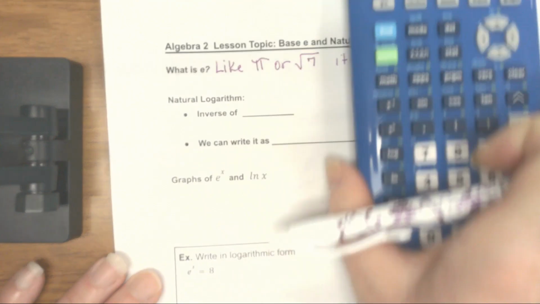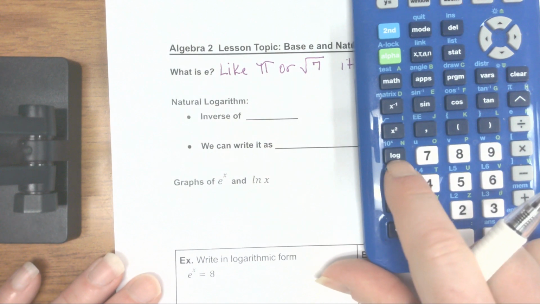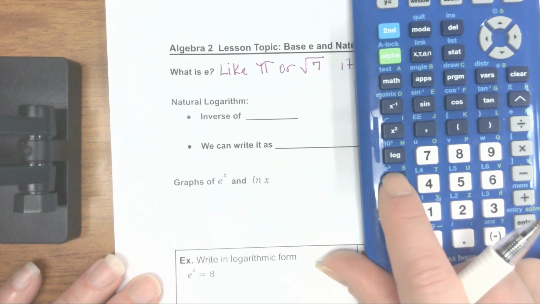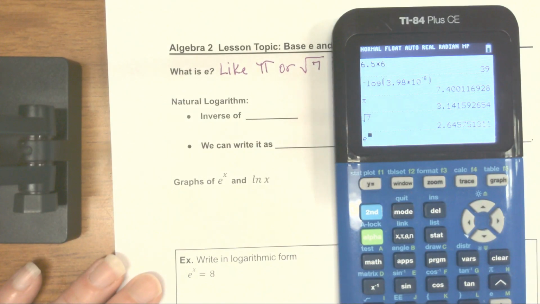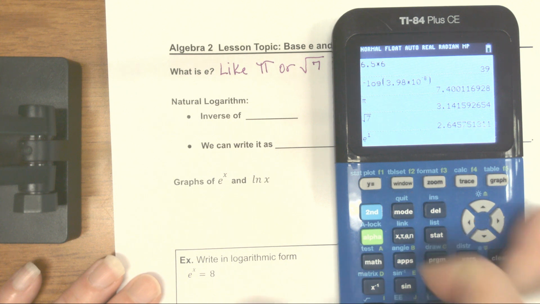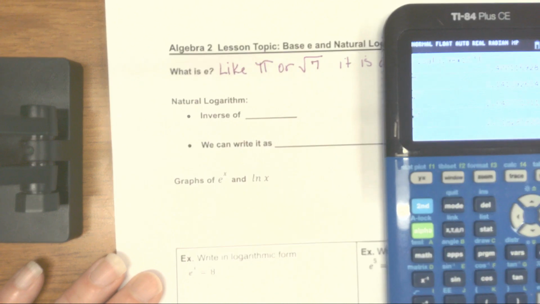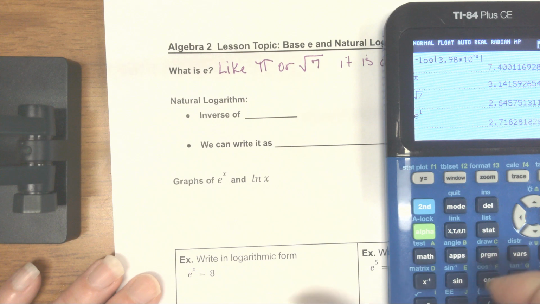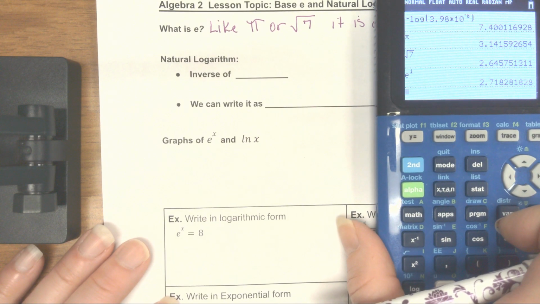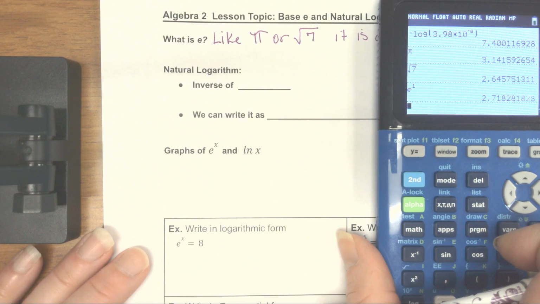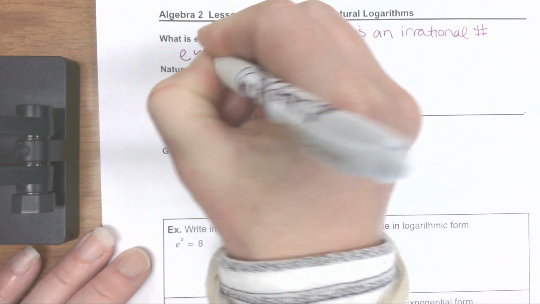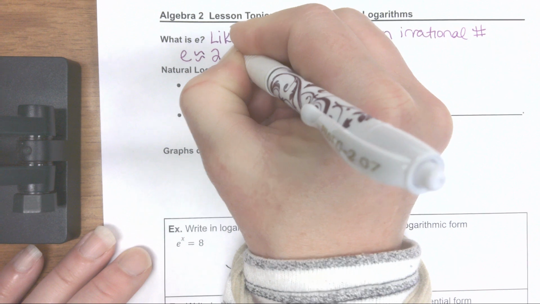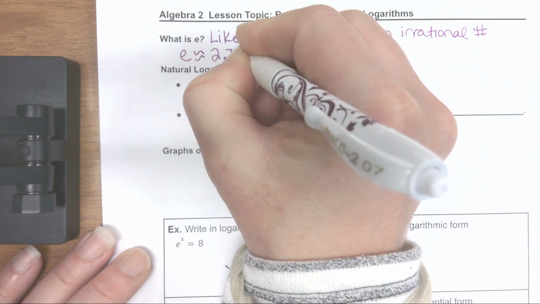Do you see underneath the log key, there's this E, and it's always raised to an exponent. So I'm going to just raise it to the first, because anything to the first power is itself. We're going to call E approximately 2.718.